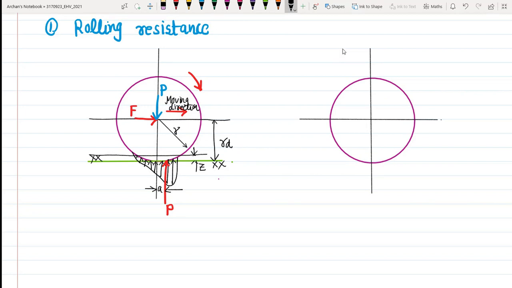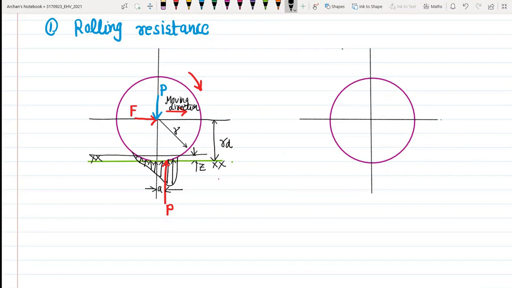This phenomenon will result in the ground reaction force shifting forward. This forward-shifted ground reaction force, with the normal load acting on the wheel center, creates a moment that will oppose the rolling of the wheel.